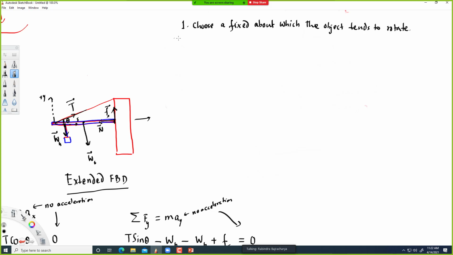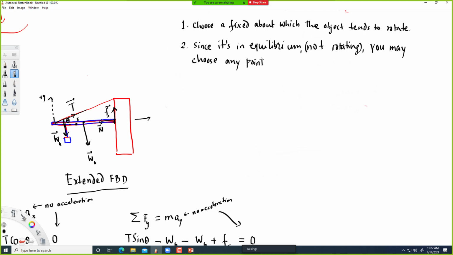Now, since this object is not rotating, that means you can choose any point as a fixed point. Since it's in equilibrium, meaning it's not rotating, you may choose any point as pivot.